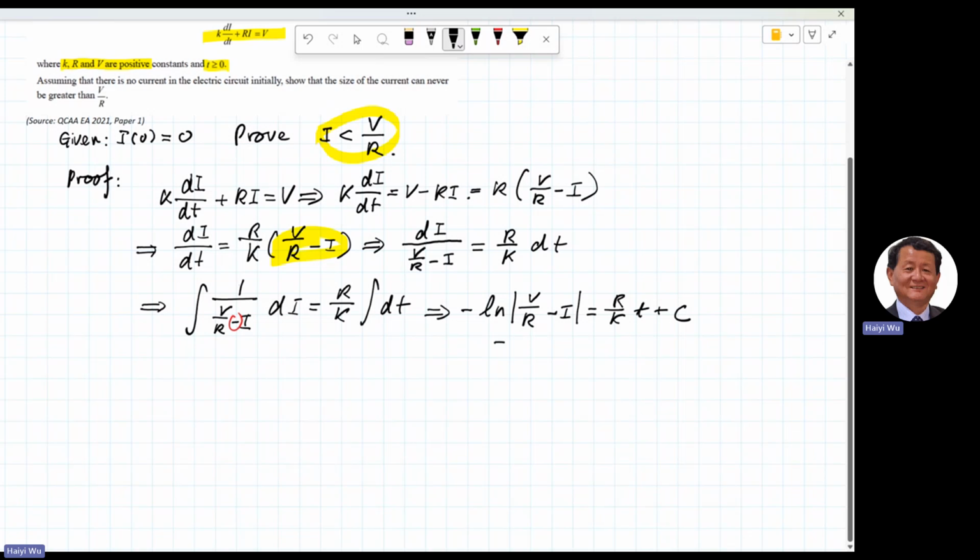Because we know when T equals 0, the initial current is 0, I'm going to substitute into the equation.